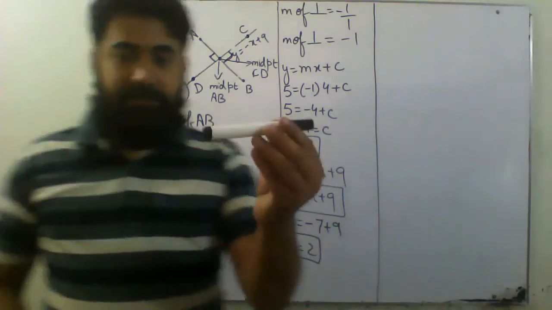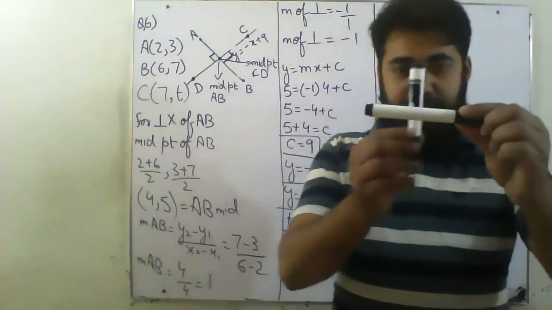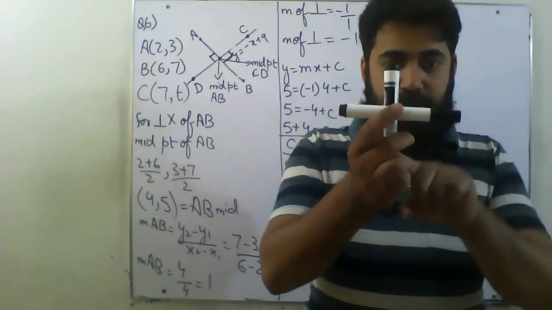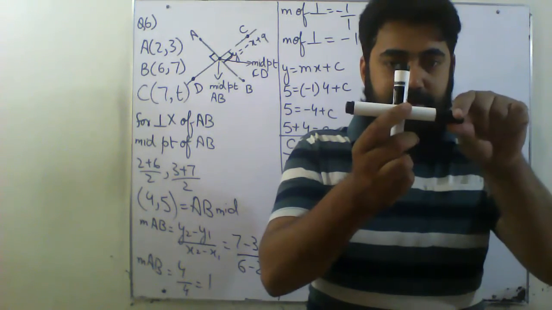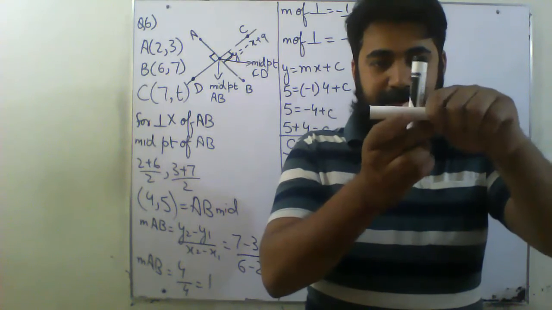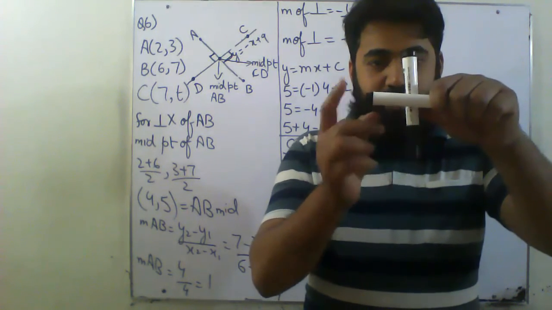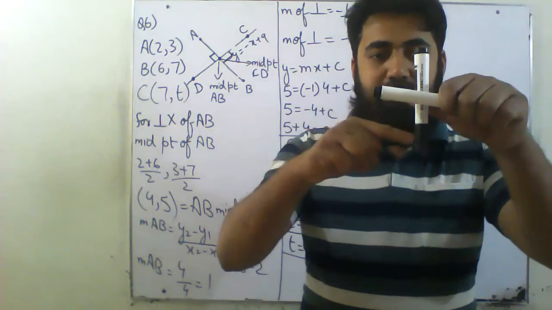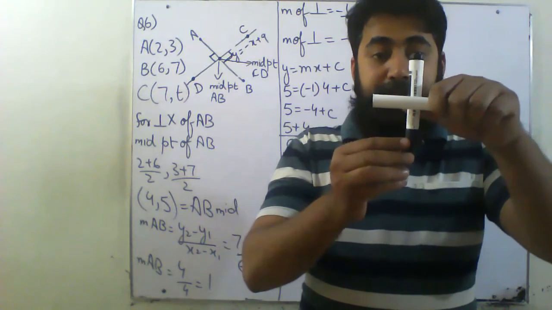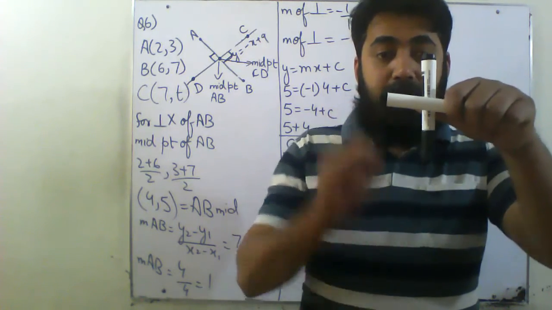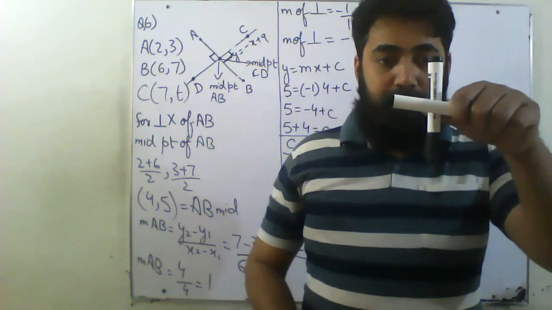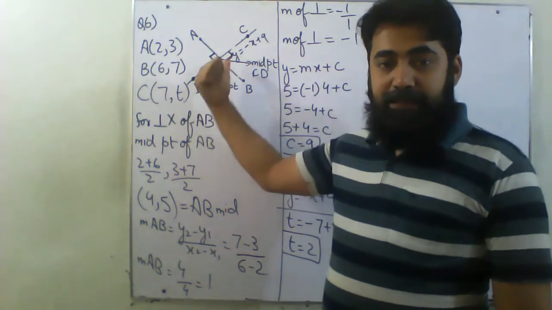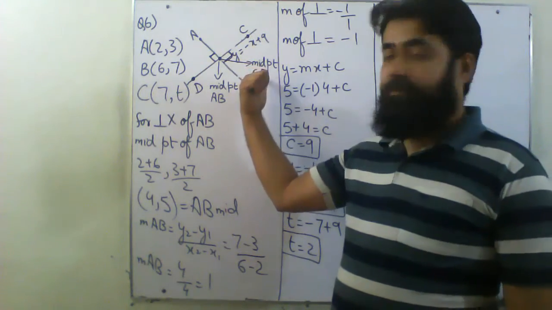It is just like this line, and I want to make them like this. This first one is the perpendicular bisector of the second one, and the second one is the perpendicular bisector of the first one. It means both will pass through each other's midpoint. So this point is the midpoint of AB and also the midpoint of CD.